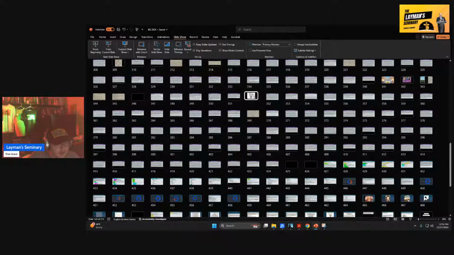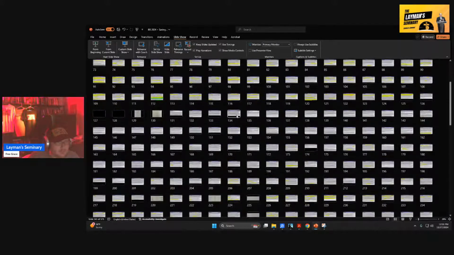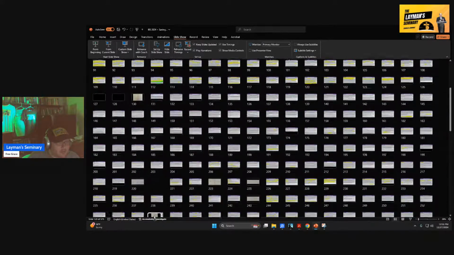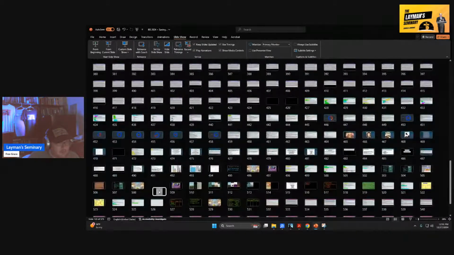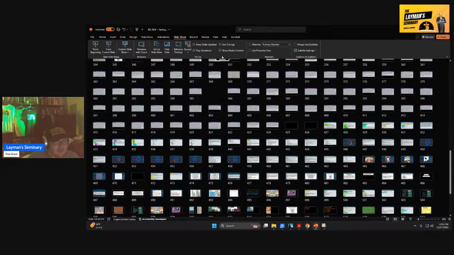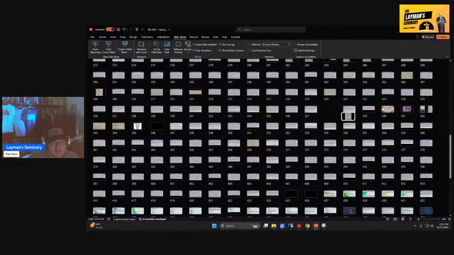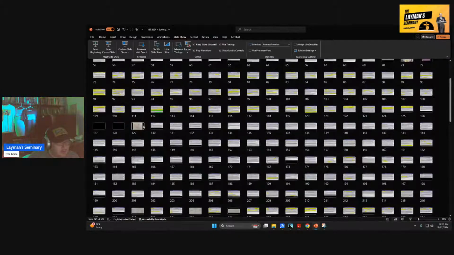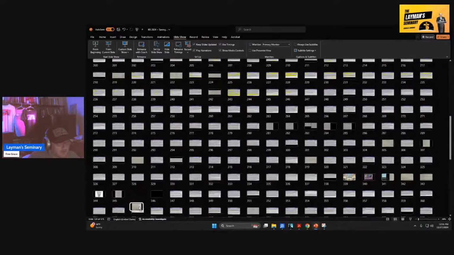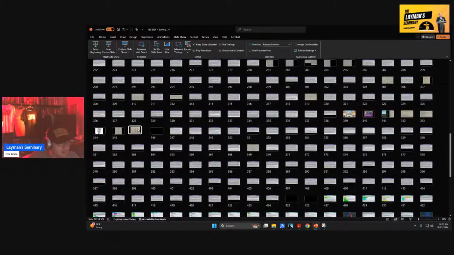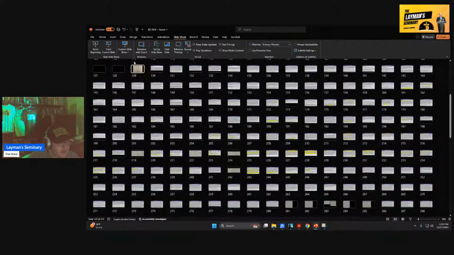Do y'all see which one is highlighted? I'll put it here and then move it forward. I did it again. Dang it. Okay, got that one. I need one more. All right, go back.